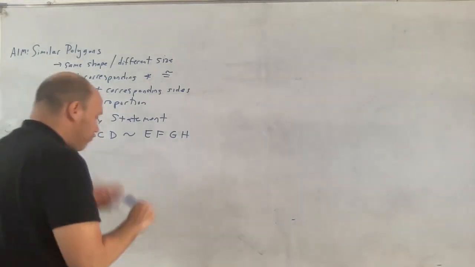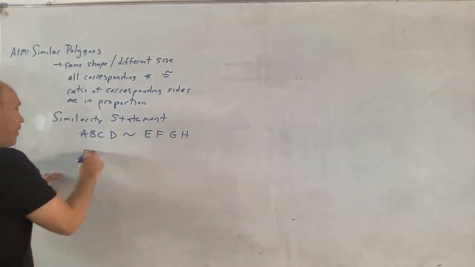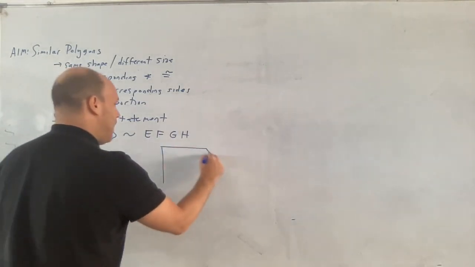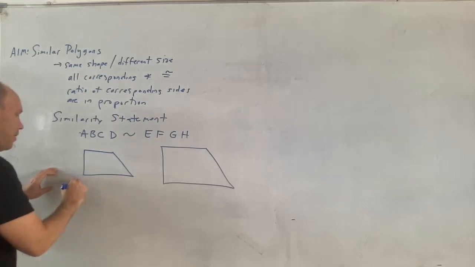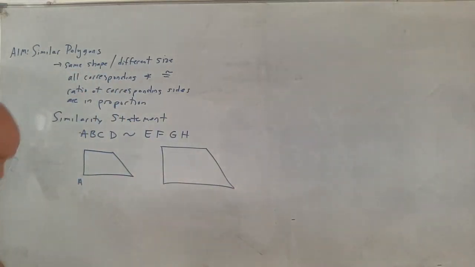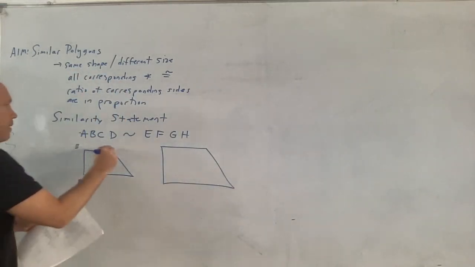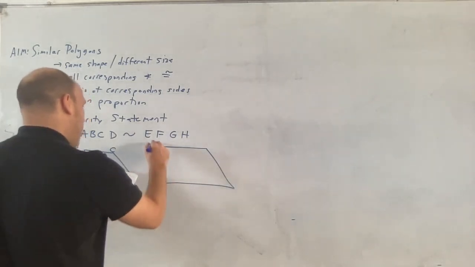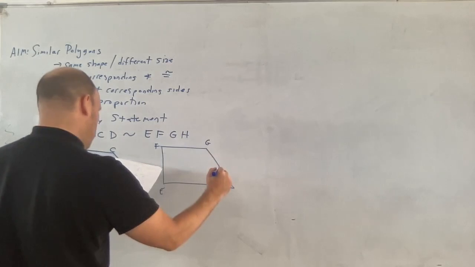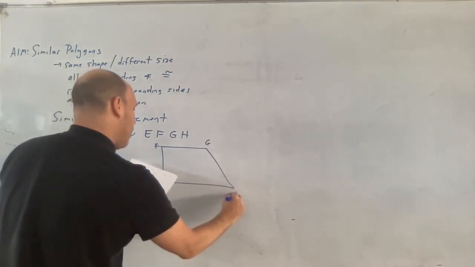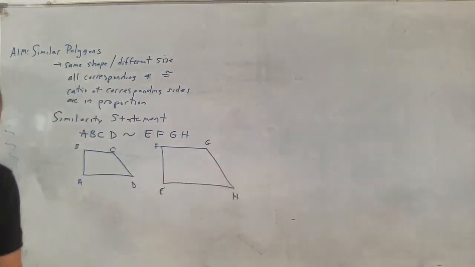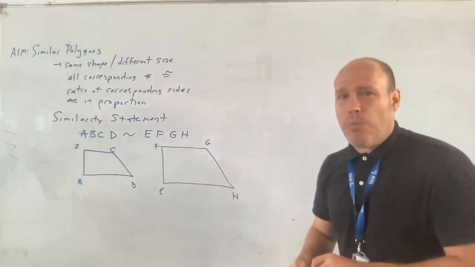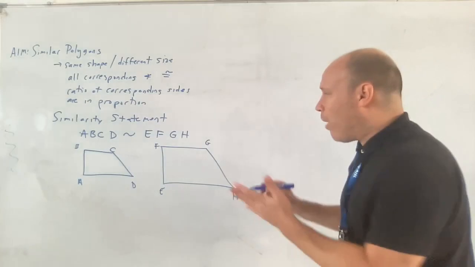Let's have trapezoid ABCD and trapezoid EFGH.